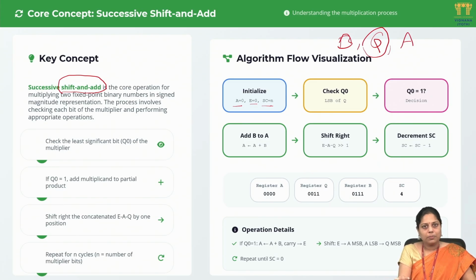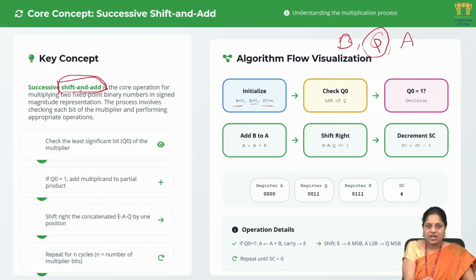So we repeat the entire process based on the number of bits of the multiplier, which is stored in the sequence counter SC. Next we check the LSB bit of register Q, which is the multiplier. If the LSB bit of register Q is 1, we perform addition of registers A and B, and then perform a shift operation, which together we call shift and add.